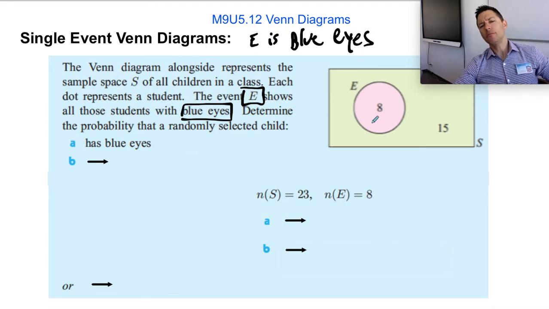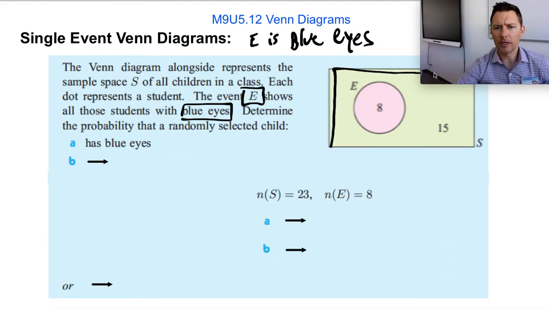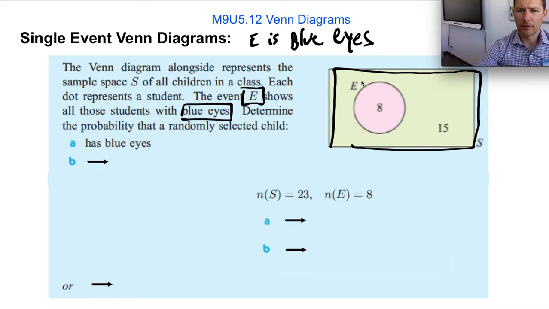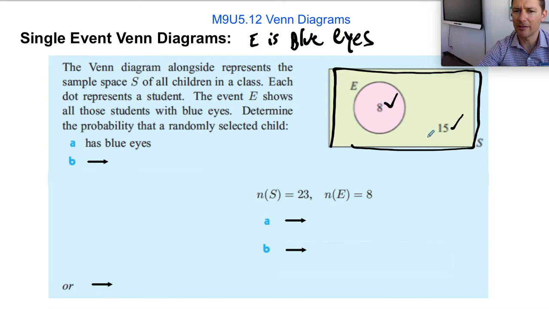So here's all the people in the class. There's all the people in the class. 8 have blue eyes, yeah? Out of how many? Well, there's 8 that have blue eyes. There's 15 that don't have blue eyes. In total, there's 23, right? You added this and this.